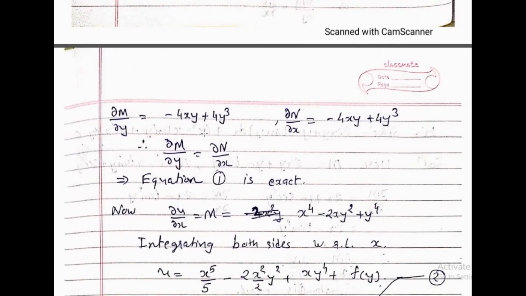Now to find the solution, we are going to take ∂u/∂x equal to M, where u is your required solution, correct? So M is equal to x⁴ − 2xy² + y⁴.